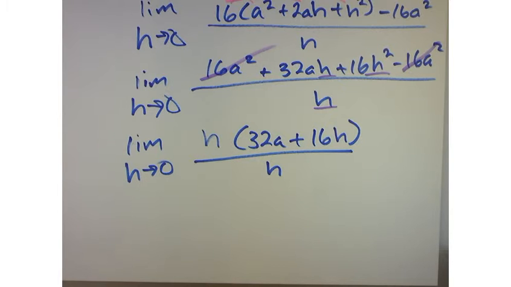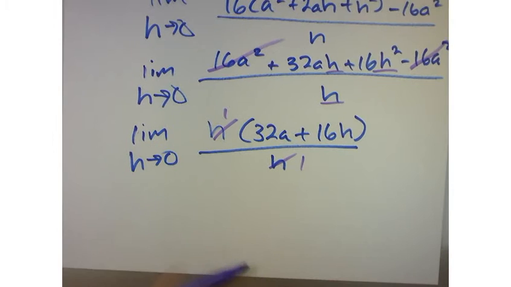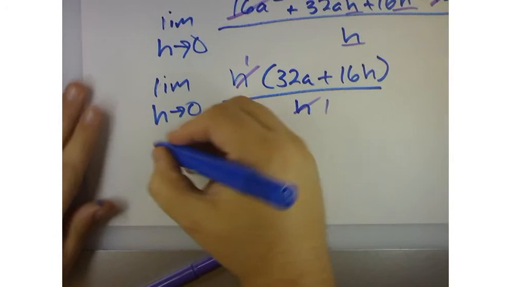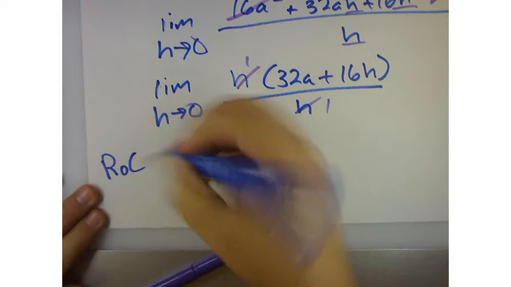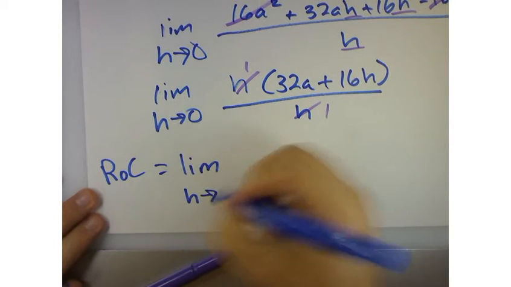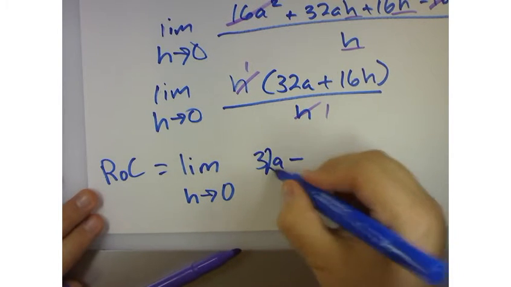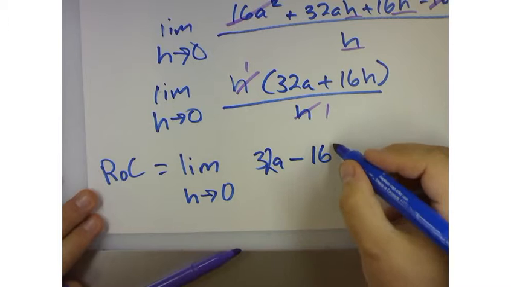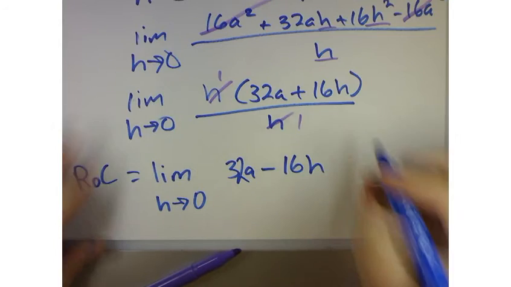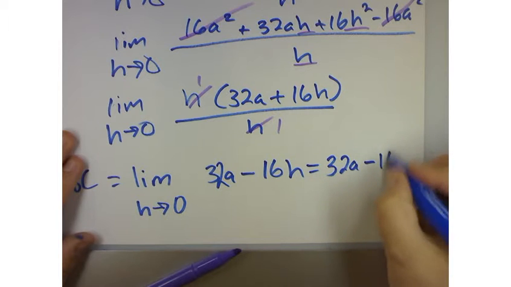So now h over h reduces down to 1 over 1, and I'm left with the limit. By the way, remember, this is the rate of change. So the rate of change is equal to the limit as h approaches 0 of 32a minus 16h. Well, the limit of this thing is actually 32a minus 16 times 0.